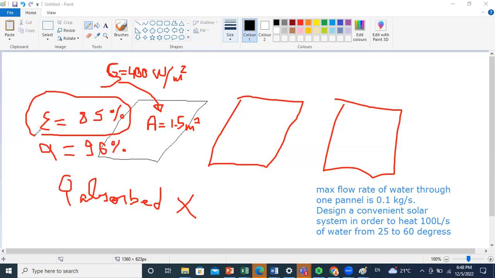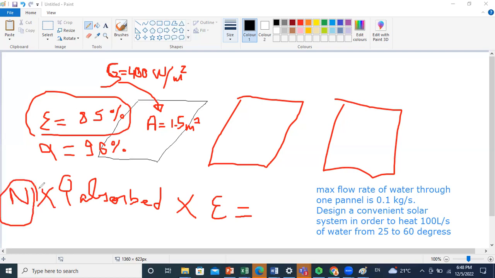The efficiency sometimes can include some possible losses and a possible deficiency of the mechanical system used. So I should multiply the absorbed energy by the efficiency, because this heat will not be totally transferred to water, equals to, here, since we have to search for the number of panels, we should write times n, because we don't know what is the number of panels to use.